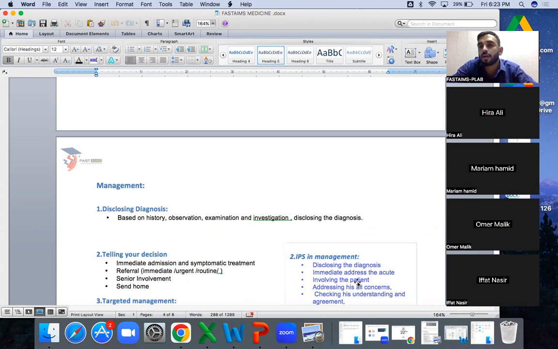One reason is you find your time short because you have spent like 6 minutes in all the other conversation, and then when you come to the management, though management carries 4 marks, data gathering carries 4 marks, and IPS is equal 4 marks, whenever you find low time, you cannot do your IPS in the management.